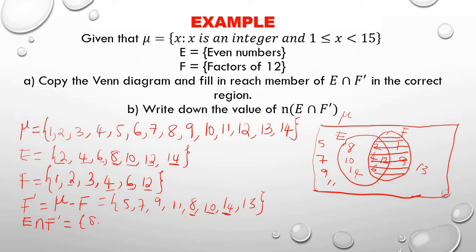So we have 8, 10, 14. The number of elements in E intersection F prime is 1, 2, 3. So 3 of them.